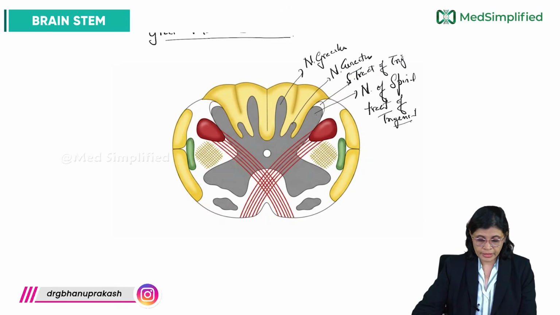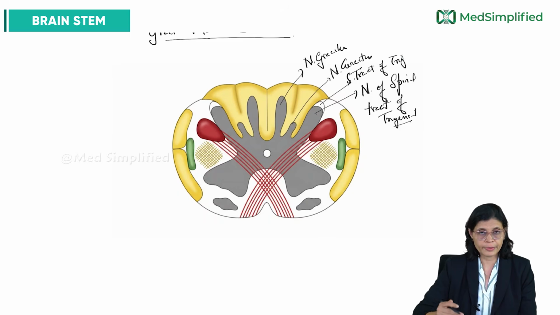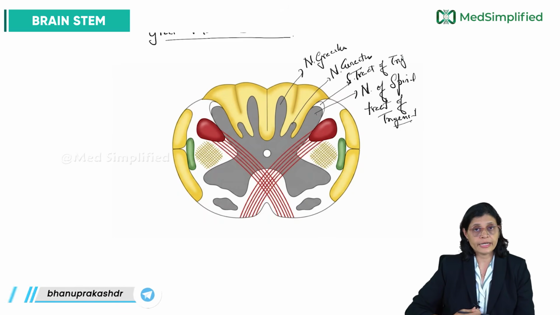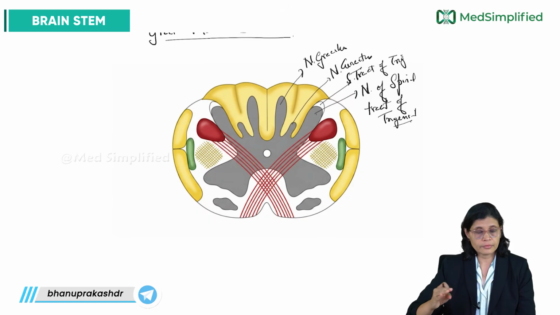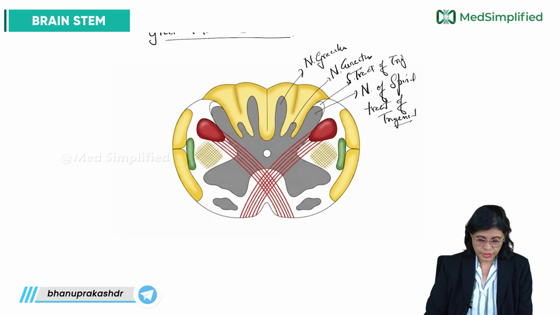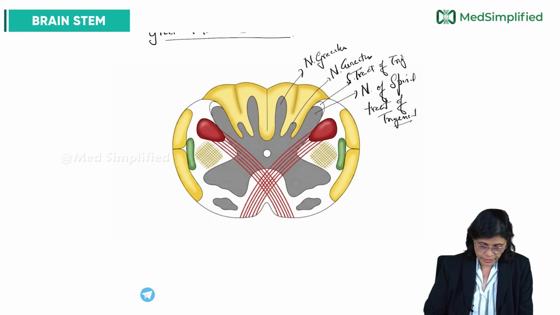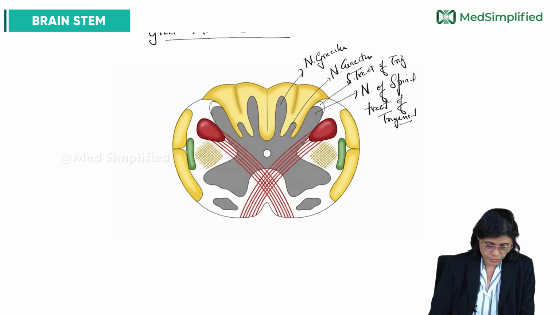The tract is not shown in grey, only the nucleus is shown in grey; above that it is white, because tracts are nothing but axons, and axons we see as white matter. We see this in the posterior part. Now, here this is the corticospinal tract.